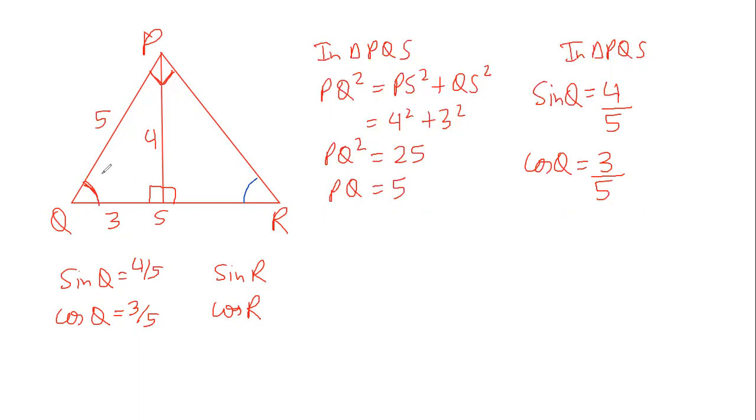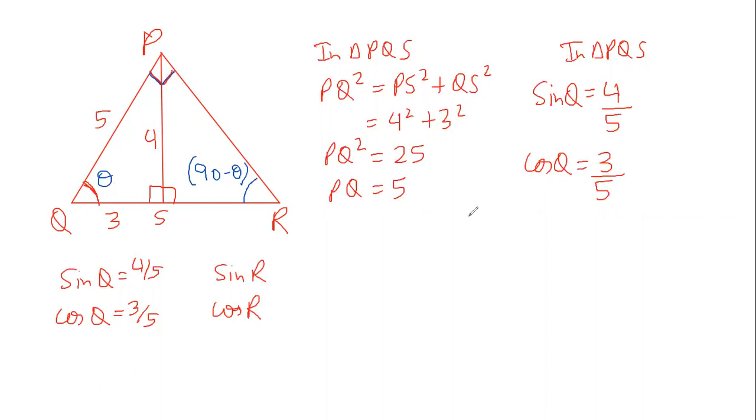Since, let's say this is theta, the big one is already 90. So angle R automatically becomes 90 minus theta. And from the previous slide, we know that the sine and the cosine of complementary angles are equal.